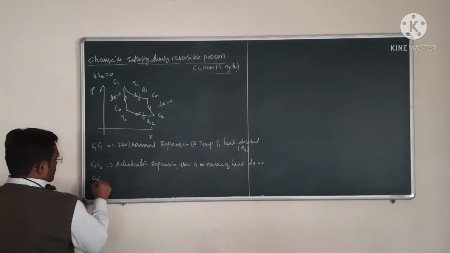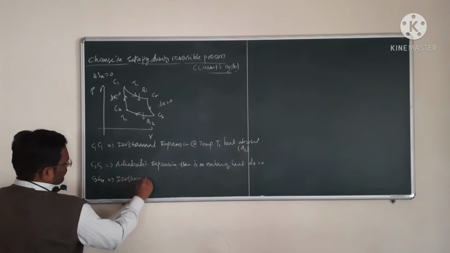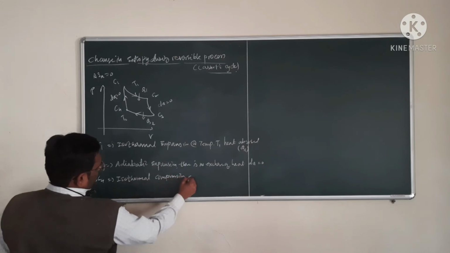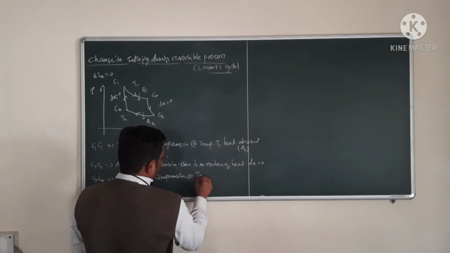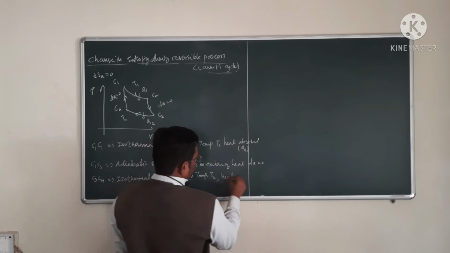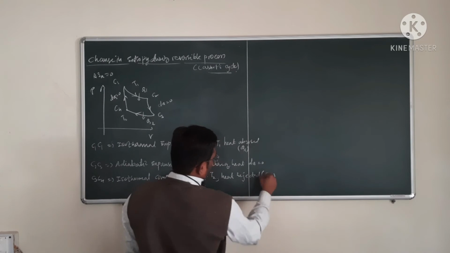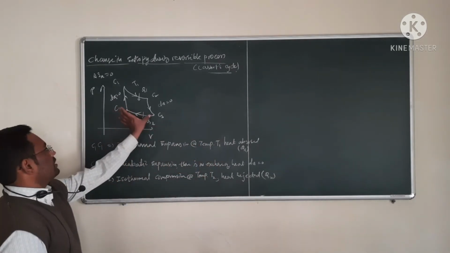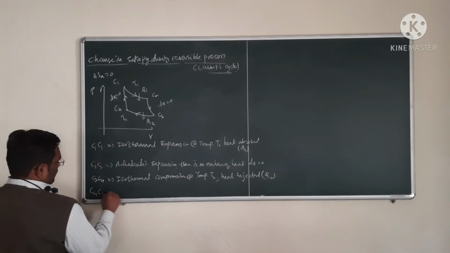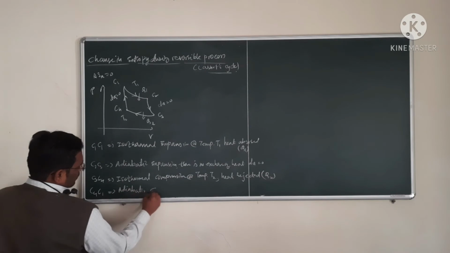C3 to C4 is isothermal compression at temperature T2, and the heat rejected is Q2 during the C3 to C4 process. The last one, C4 to C1, is adiabatic compression.